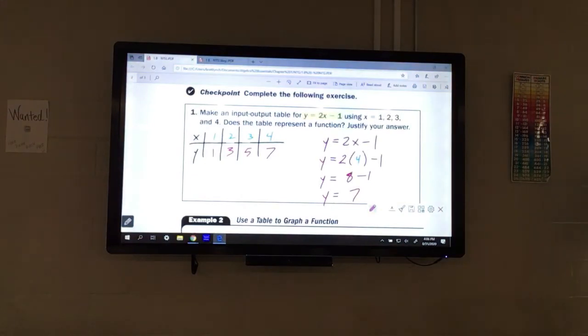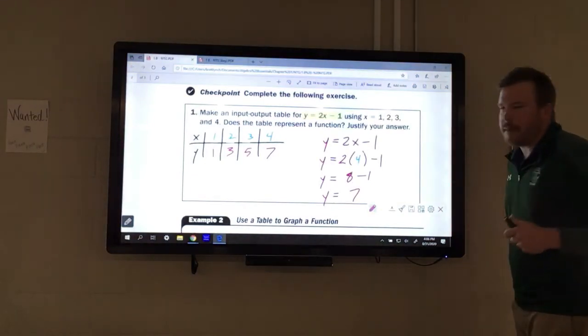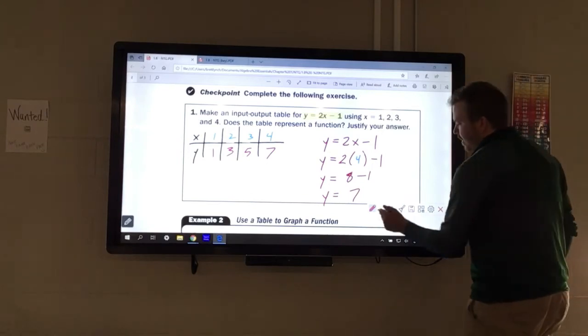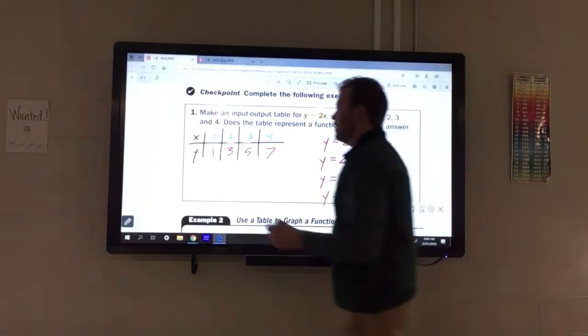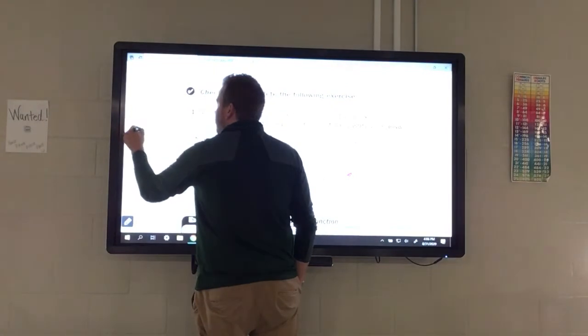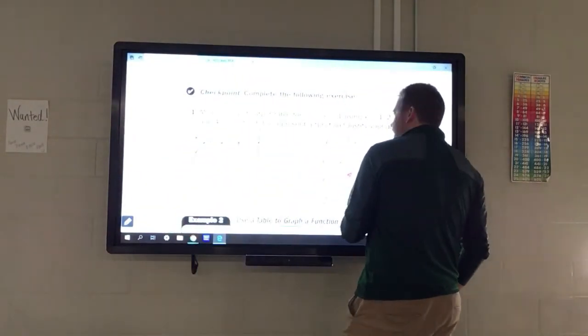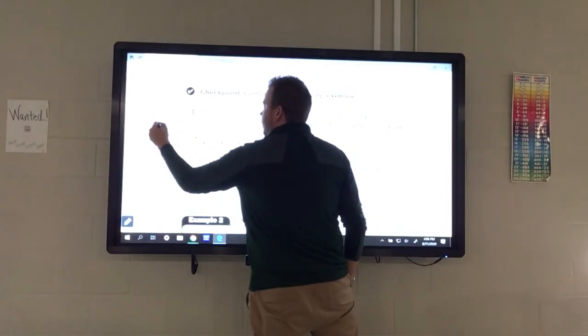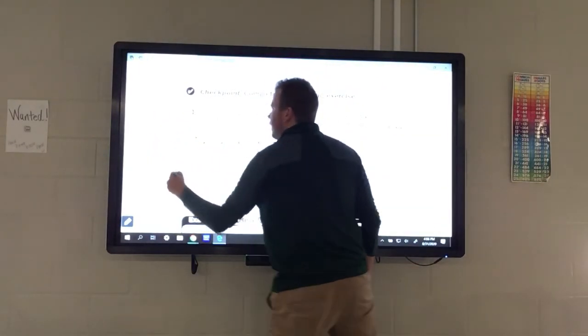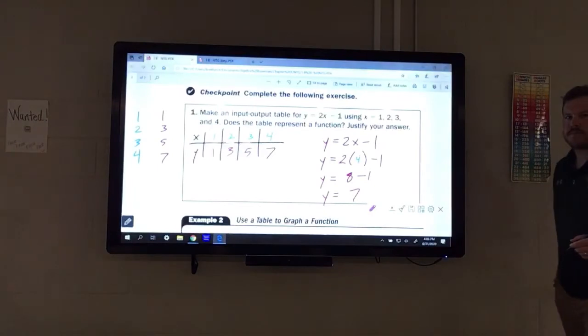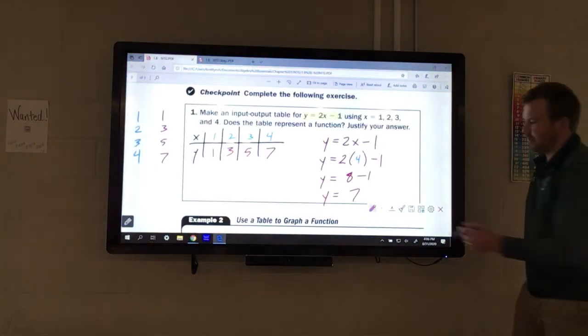Now, does this represent a function? Well, let's do that mapping thing I was just talking about. So we list out our x values, which in this case was 1, 2, 3, and 4. Then we list out our y values, 1, 3, 5, and 7. And then we map them.